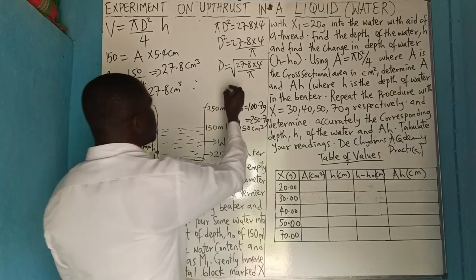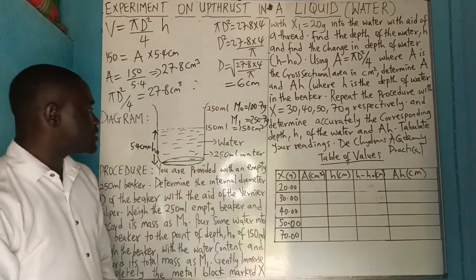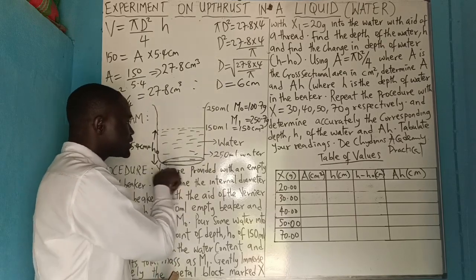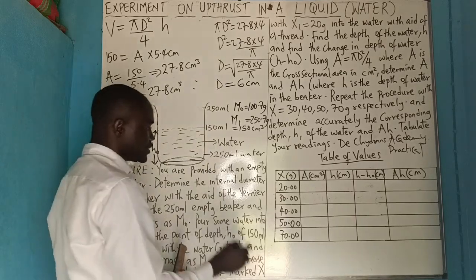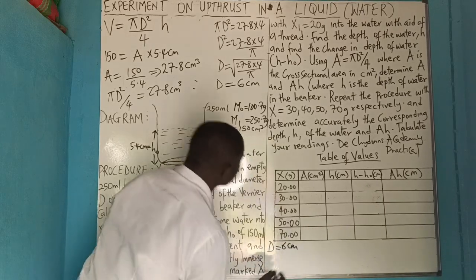That will be giving you approximately 6 cm. So that means the diameter of the beaker is 6 cm. So we also note it. We say the diameter is 6 cm.